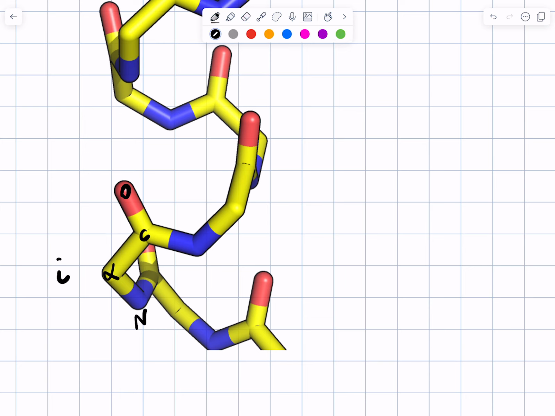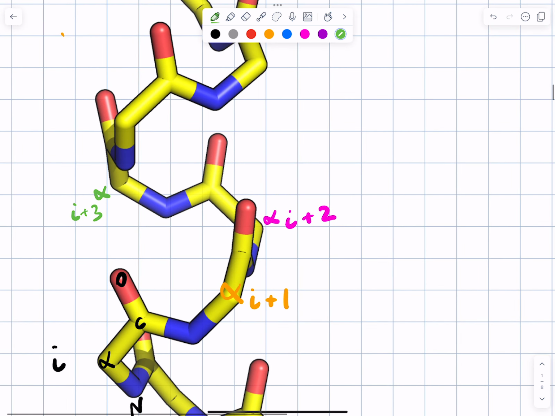Okay, at this point, I'm just going to denote each residue with just the alpha carbon, because that's easiest to point out. This is the I+1 alpha carbon. And behind here in pink is the I+2 alpha carbon. Then here in green is the I+3 alpha carbon.